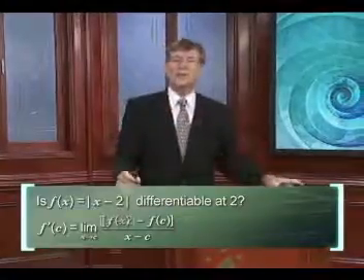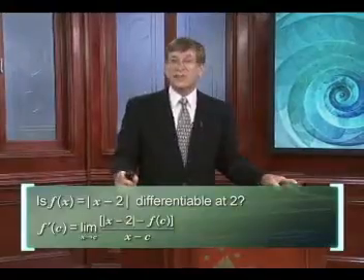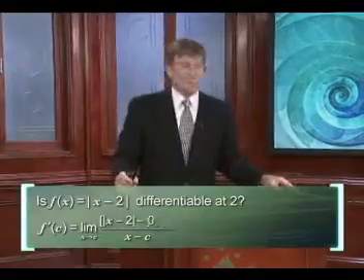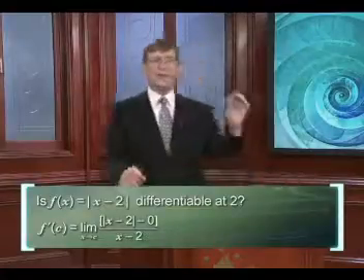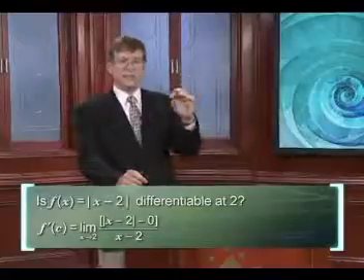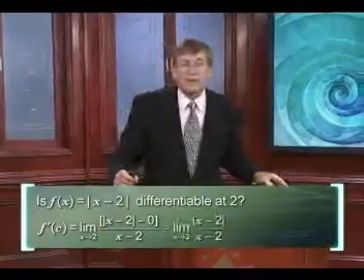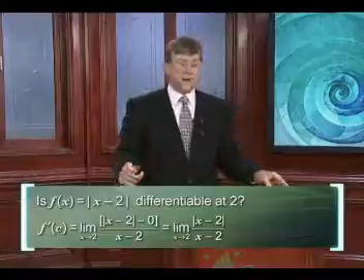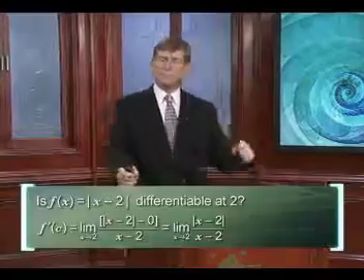So let's fill in the characters. What's the function? Absolute value of x minus 2. What's f of c? That's f of 2, so that's 0. And the denominator is x minus 2. And we ask the limit as x approaches 2. That's nothing more than the absolute value of x minus 2 divided by x minus 2. Well, what about this limit?